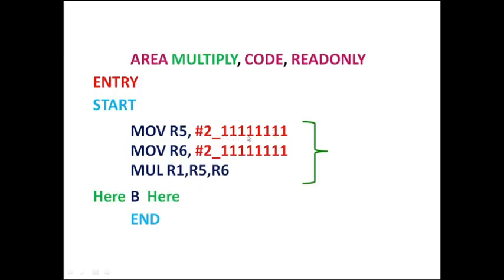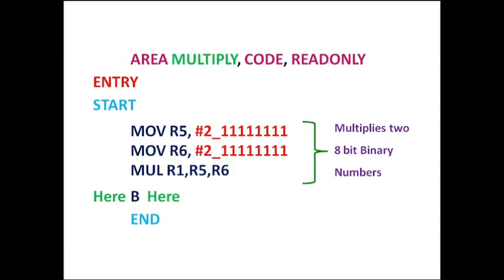Here I am feeding in 8 ones, which is nothing but FF. Similarly to the R6 register, I am feeding in a binary number, which should be specified in this way: 2 underscore followed by 8 binary bits. So this becomes an 8-bit binary number. Next we can multiply this. As a result of that, in the R1 register the result will be stored.